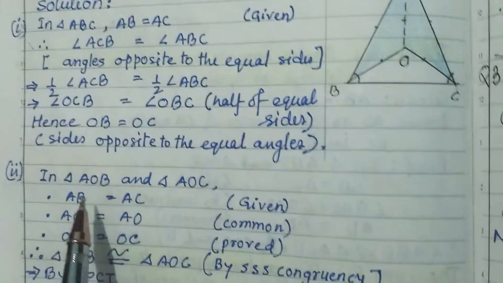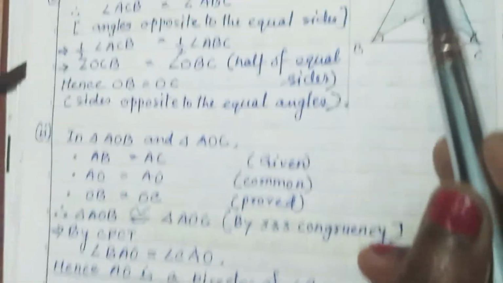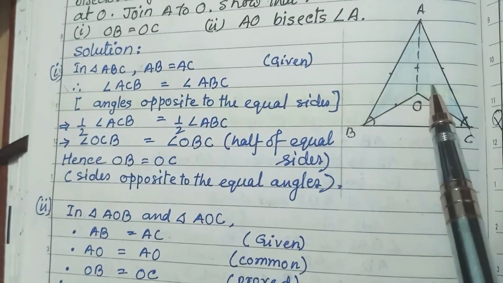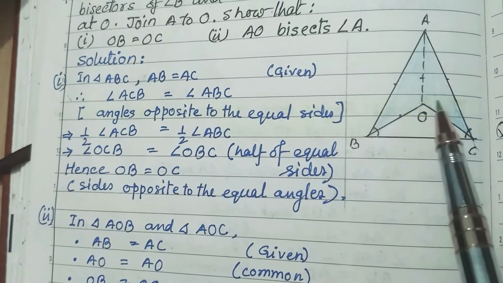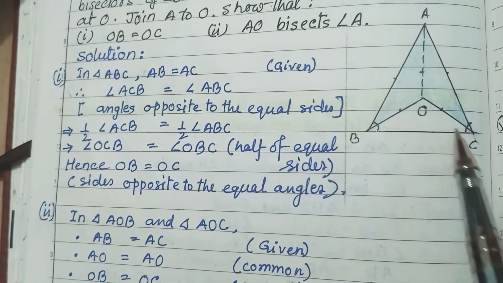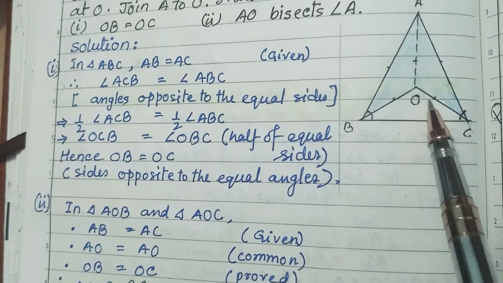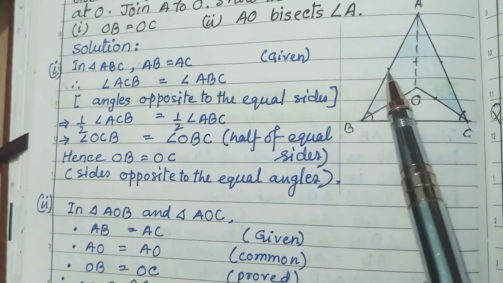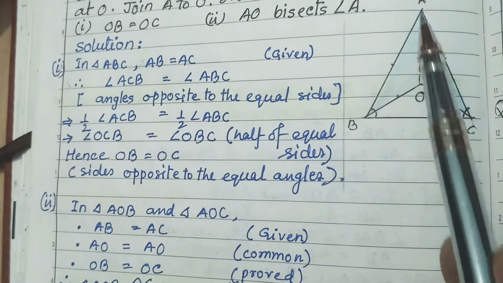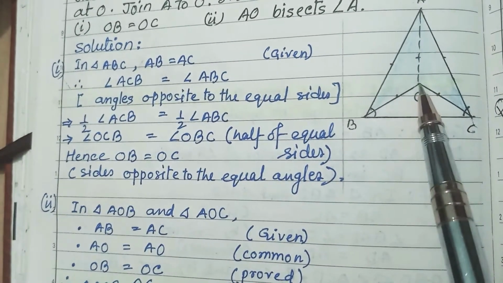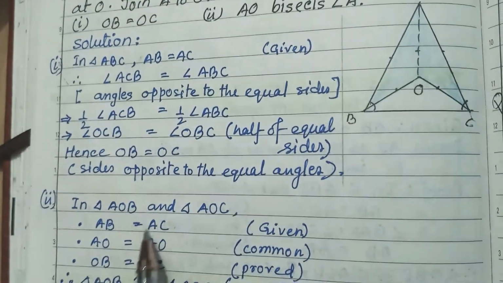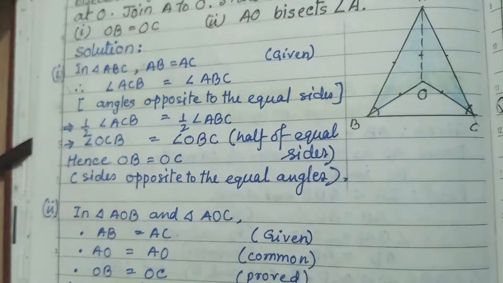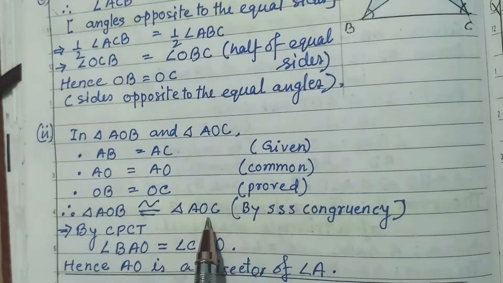Second part: take triangles AOB and AOC. In these two triangles, OB is equal to OC, which we have got, AB is equal to AC, given, as it is an isosceles triangle, and AO is the common side. So we have three sides. By the side congruency rule, these two triangles are congruent.